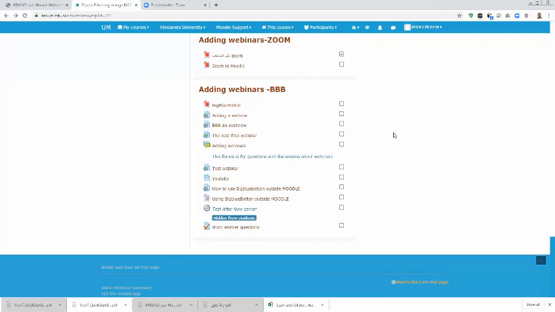And then the short answer questions can be separately added or they can be added as something called embedded questions. So this is the second point. The third one, the essay questions, and the fourth one is how to use assignments in place of essays.